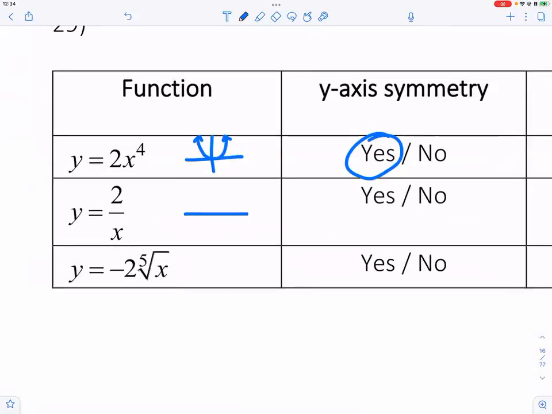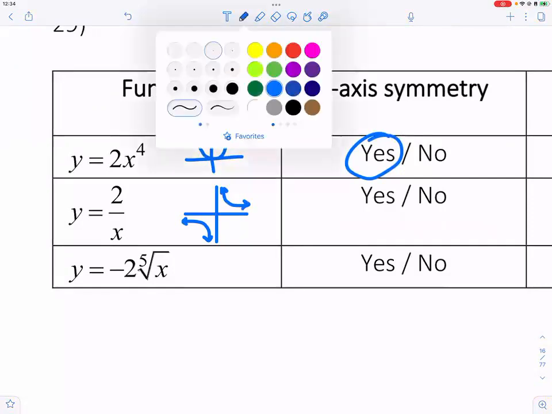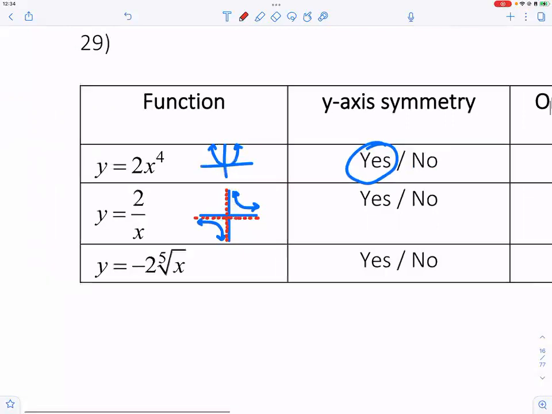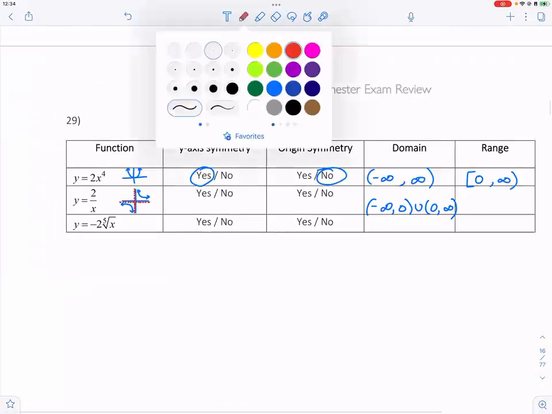For 2 over x, the sketch is going to be like this. I hope you know how to graph 1 over x, so 2 over x is going to be something similar. There will be a horizontal asymptote at 0 and a vertical asymptote at x equals 0. That guides us through our range.